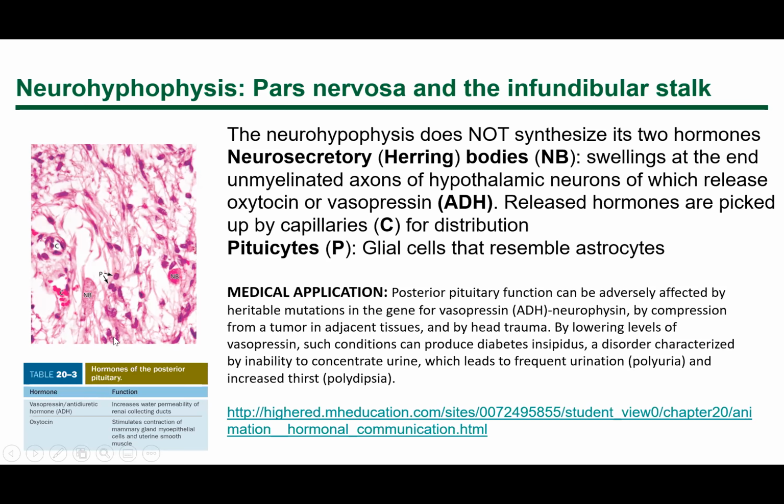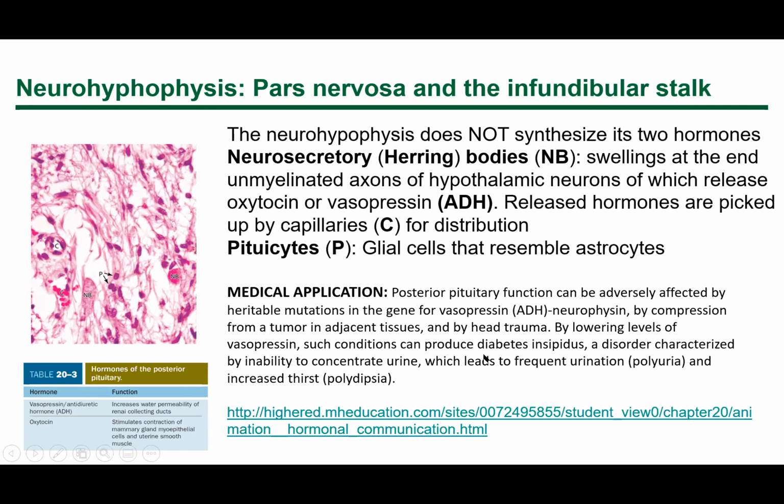So it's possible to see fairly large swings in plasma ADH or oxytocin in response to various stimuli, changes that would take longer for a tropic hormone from the adenohypophysis to do. So that's on purpose because oxytocin and vasopressin are typically needed for a short amount of time and they need to be relatively fast acting. So that's why. But they're also very, very important.